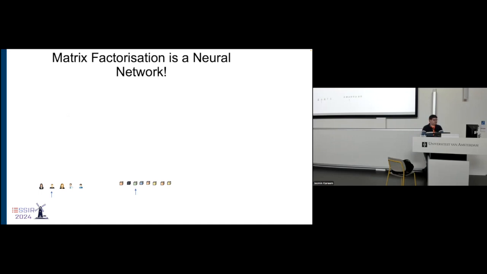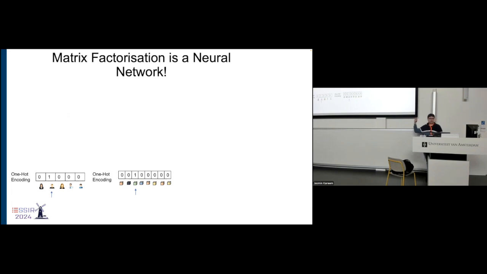So let's just redraw and show that this is the case, right? So we get users, we get items, and let's say we want to compute a relevance score between the user and the item. So what we can do, we can take two one-hot encoded vectors. So we want to compute the relevance score for the second user for the third item, right?